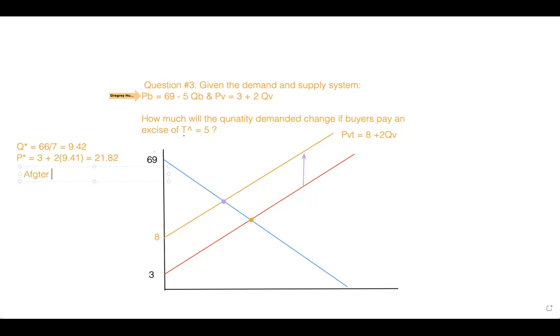So the after-tax equilibrium: I'm going to be looking for Q_T, and then I'm going to be looking for the buyer's after-tax price and the seller's after-tax price. And I'll just remind us that the amount of the tax in this case is $5 because we're measuring dollars on the vertical axis.